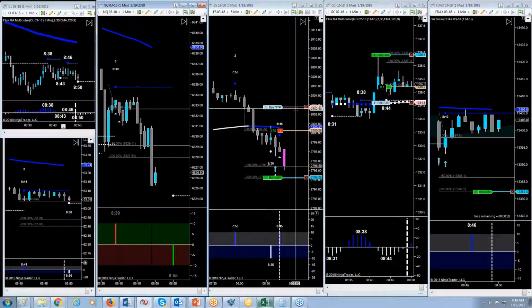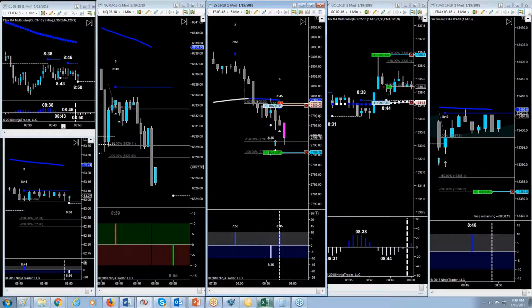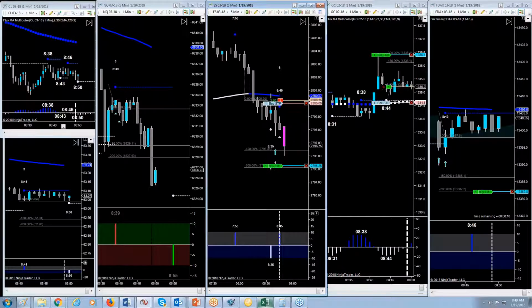ES, we can move to break even. We'll see if it follows through. I may take out the contract at the 150 if it'll come back down to me.